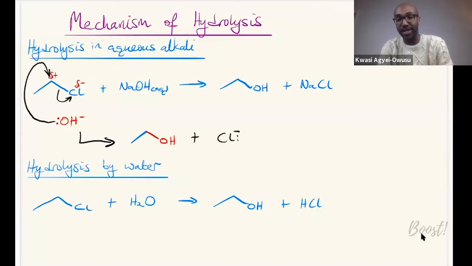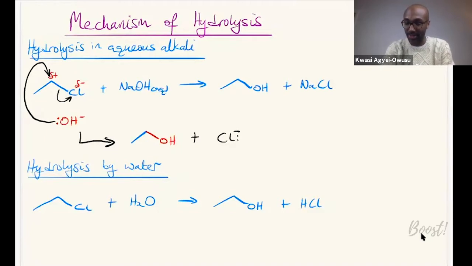Of course, sodium chloride is soluble, and so you're not going to see it. In this case, we've got aqueous sodium hydroxide, so your sodium chloride will be dissolved in the water, which is the solvent.